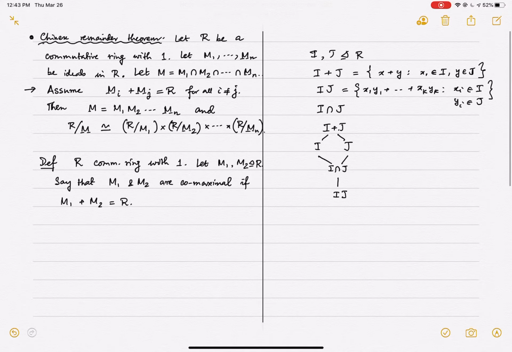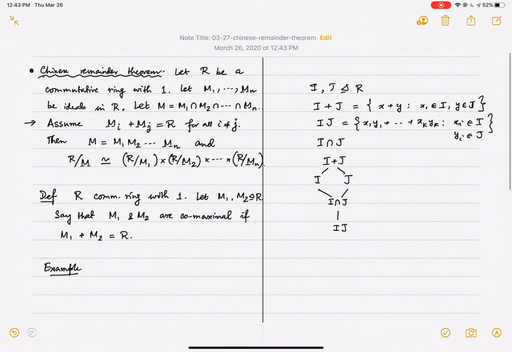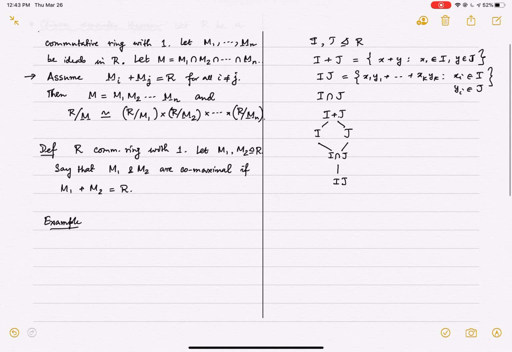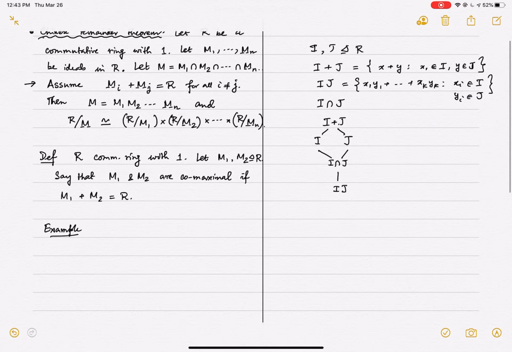So, an example. Can you think of what are the co-maximal ideals in Z? I claim 8Z and 15Z are co-maximal. Because if you take all multiples of 8 and add to it all multiples of 15, what is that?